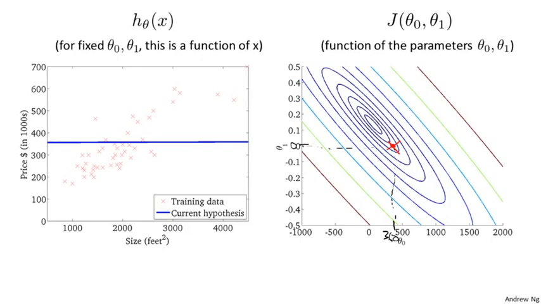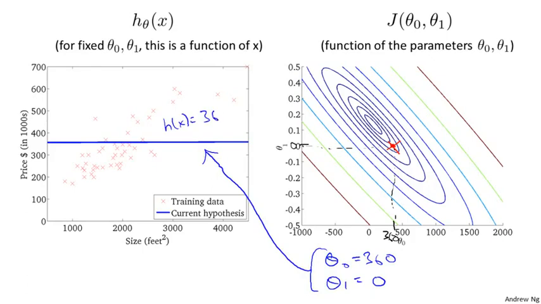So let's write that out: theta 0 equals 360, theta 1 equals 0. And this pair of parameters corresponds to that hypothesis, a flat line, right? This is h of x equals 360 plus 0 times x. So that's my hypothesis. And this hypothesis, again, has some cost, plotted as the height of the J function at that point.